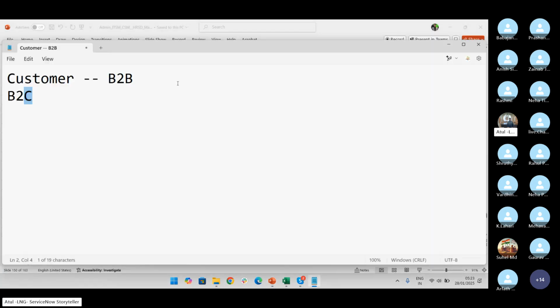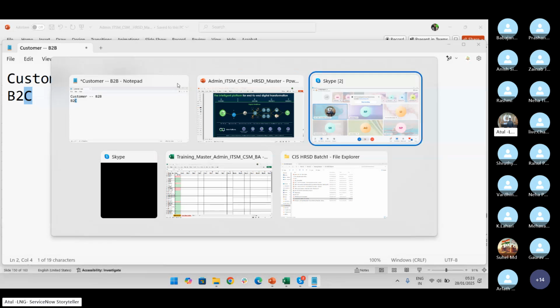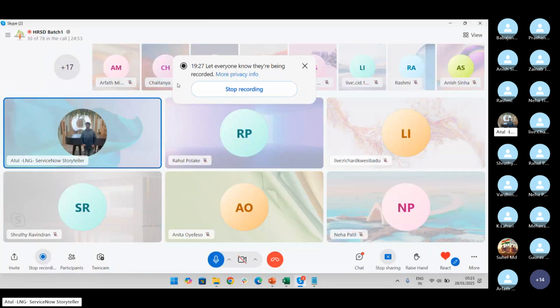IT, mainly, we consider for the internal employees. Now let's say Anish, Rashmi, Rahul join a new company. On day one, they join, they do the formalities and everything. And their manager says, please go and log a request for the laptop.